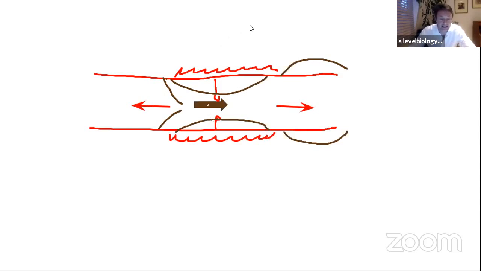Now, as it does that, we can increase the efficiency again by putting in another set of passive flaps of skin. So now, when the pressure is higher in the artery, where I put the crosses, the blood will be pushed back, and that will push the flaps of skin closed.